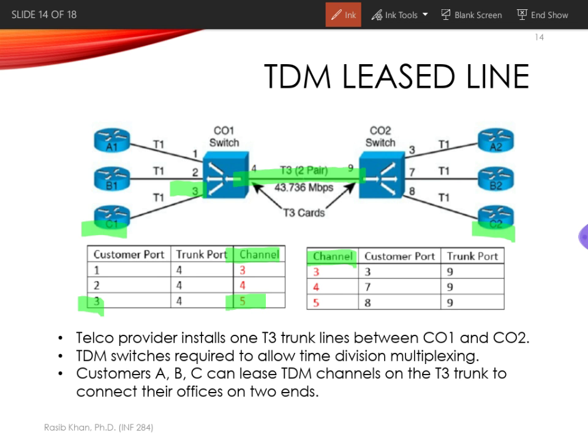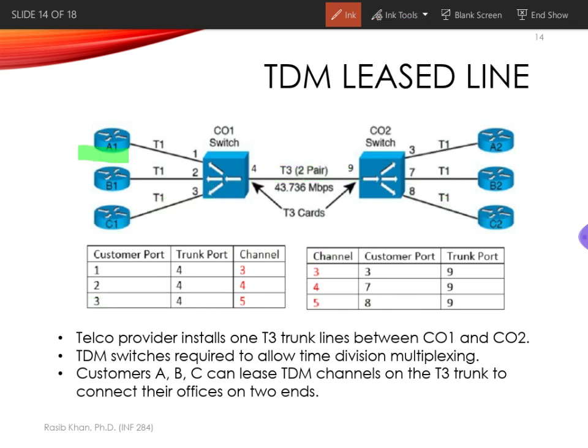So whatever is sent from the T3 port will be sent over to trunk port 4, and then on the other end, anything that is received on channel 5 will be forwarded on to customer port number 8 so that it reaches the customer's other office.